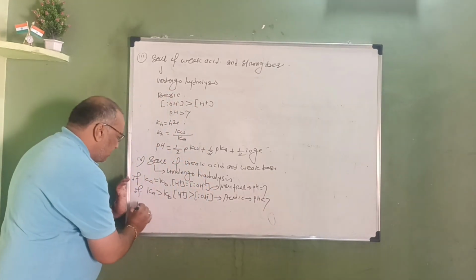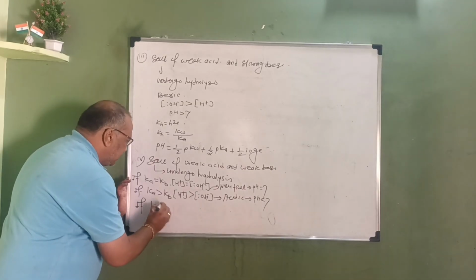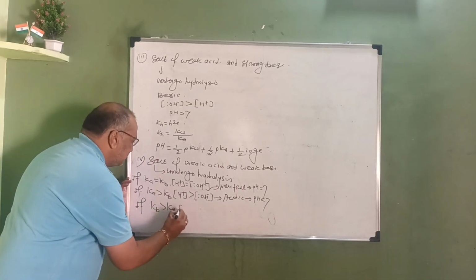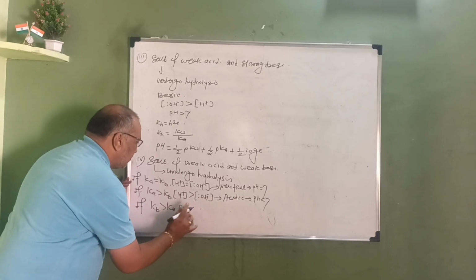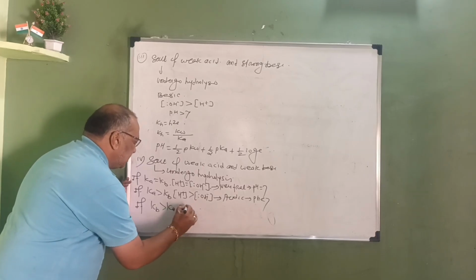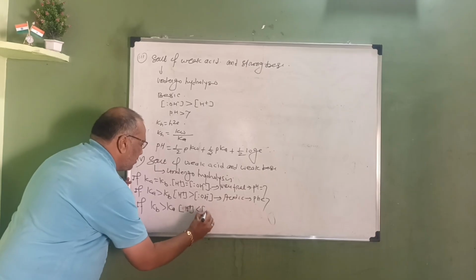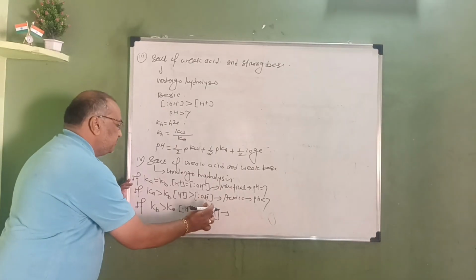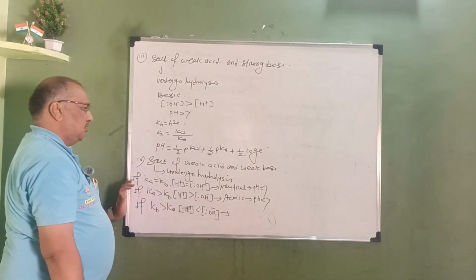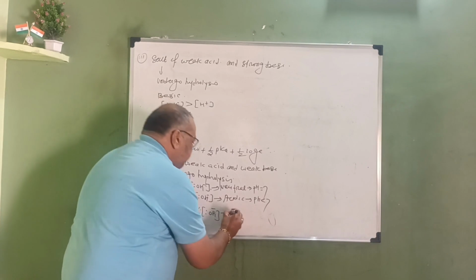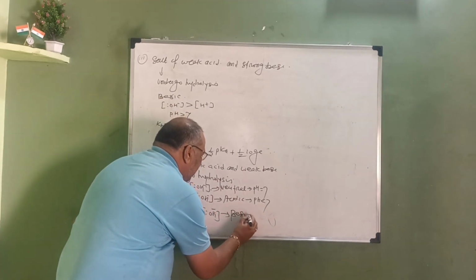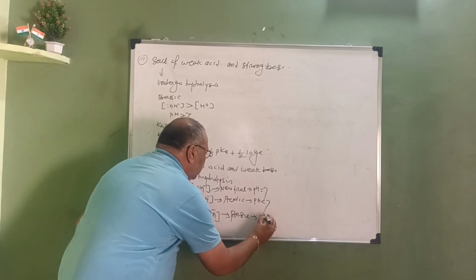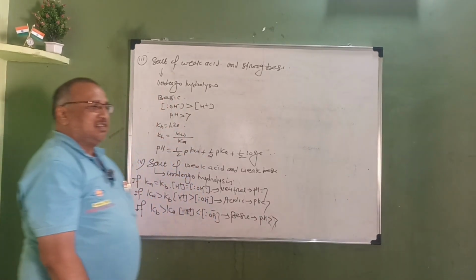And if Kb is greater than Ka, then concentration of H plus ion is less than concentration of OH minus ion, solution is basic and pH is greater than 7.